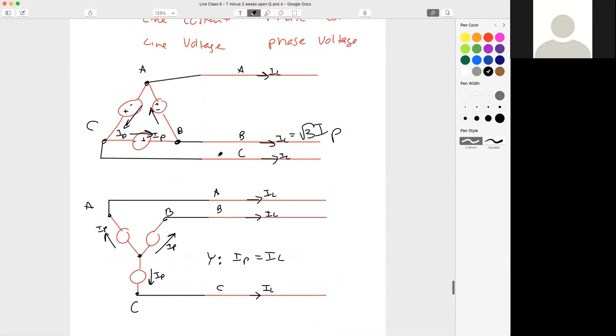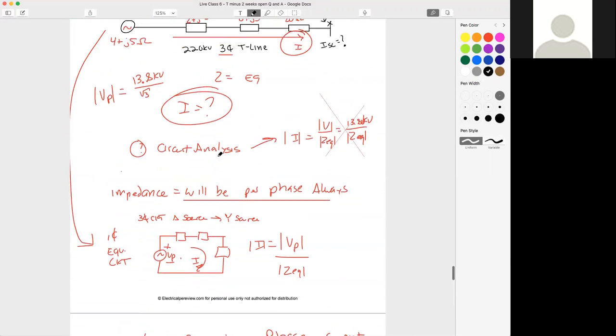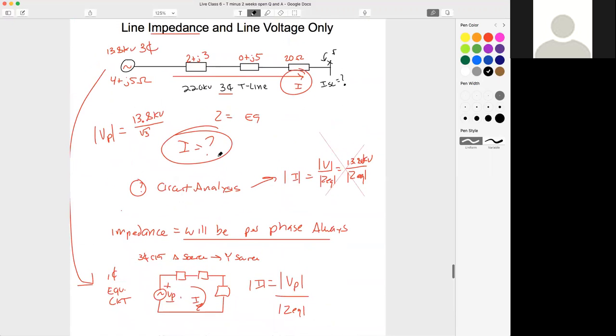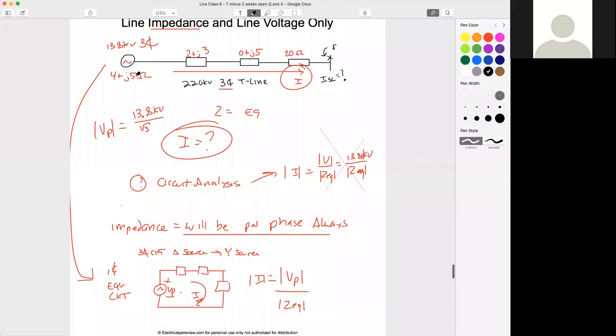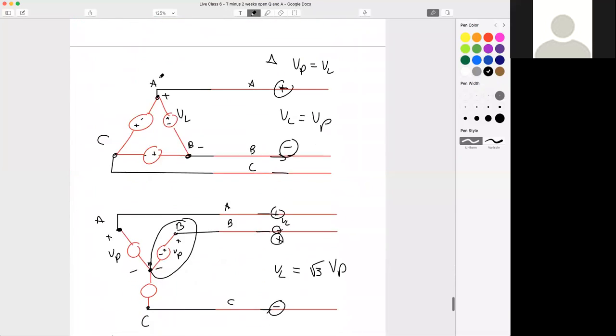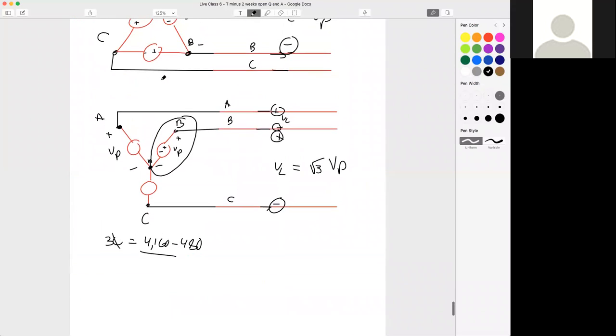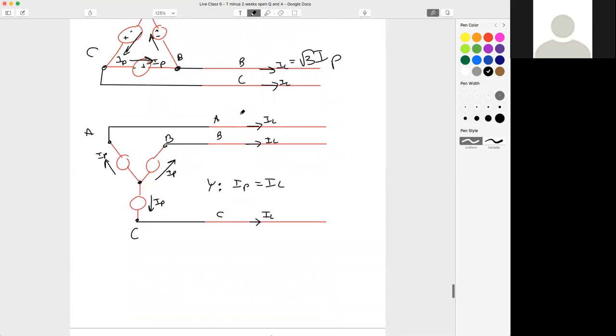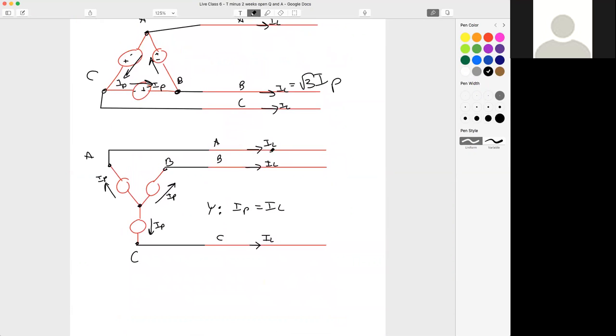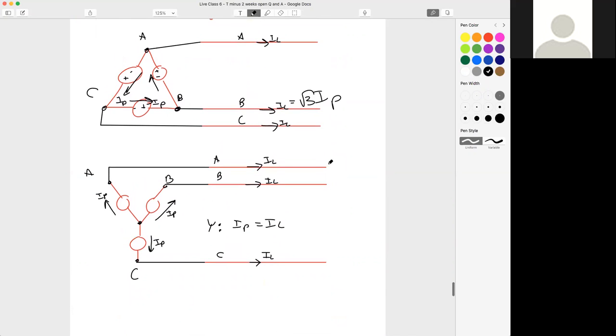So going back up, the reason why we had to use the square root of 3 in this example for this generator is because if I want to find this current off of impedance, I have to use my phase voltage. Let's go to this too. What about line impedance?